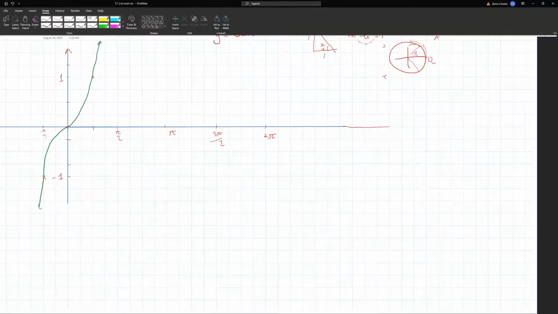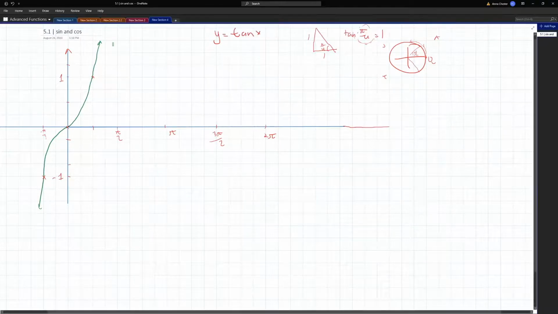The most important thing we have to not forget is actually to show our vertical asymptotes. As we learned, tan is not defined for any multiple of pi over 2.